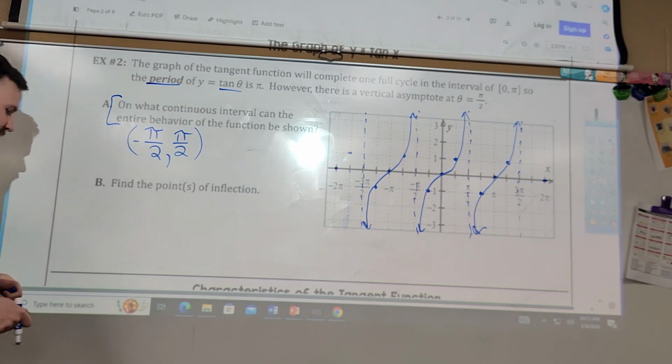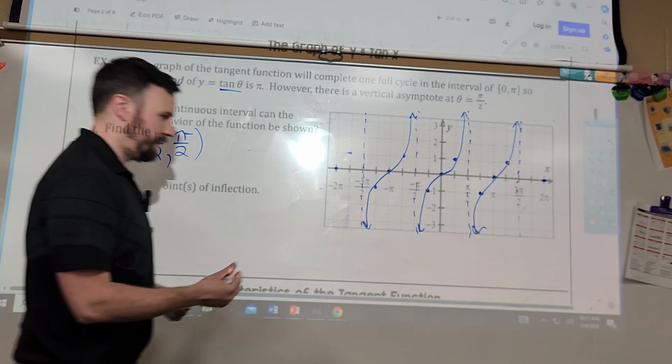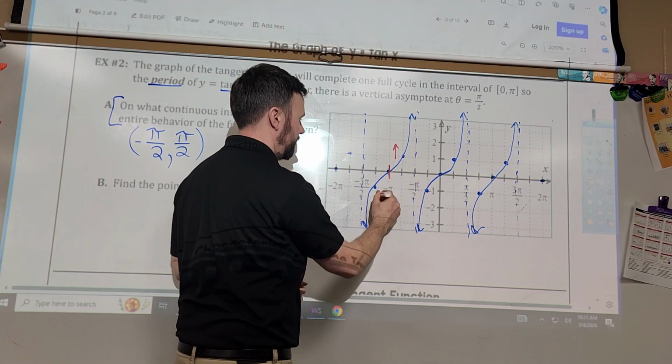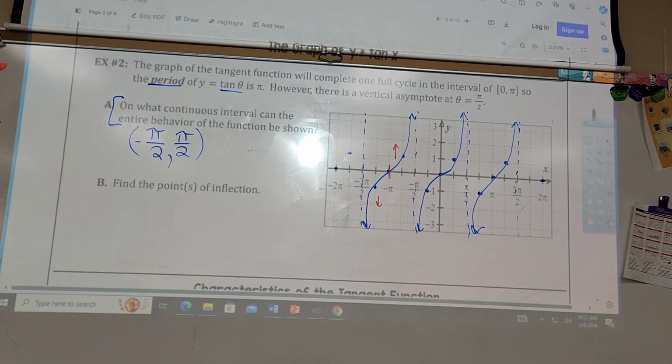What are my points of inflection? Yeah, they're your 0 points. Because over here, you're concave up, right? Over here, you're concave down. So your points of inflection are your intercepts. Just like where were your points of inflection on sine and cosine? They were your midline, which was your intercept. So if I move them up or down, it's at midline, right? So that's the same.